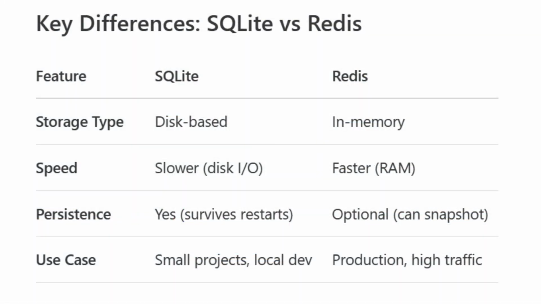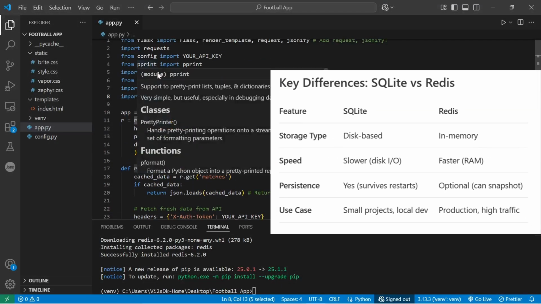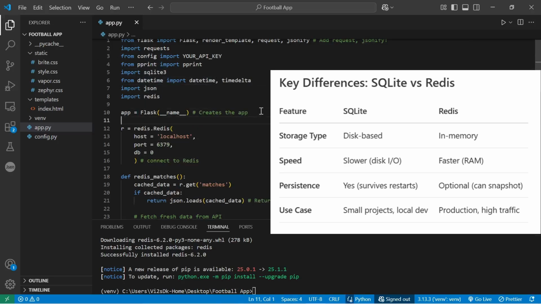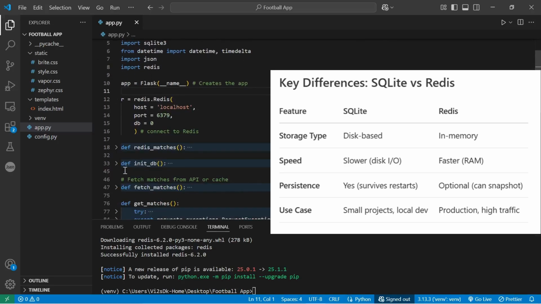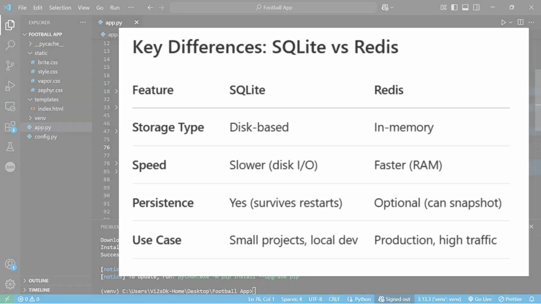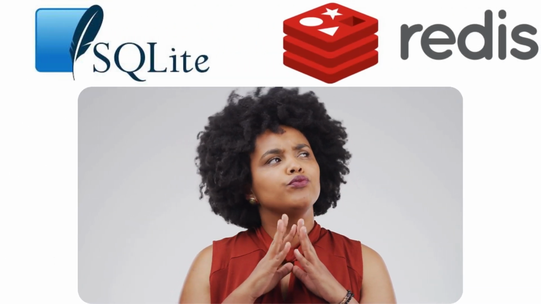But it's also a bit slow due to the disk input-output. Redis, on the other hand, is in memory, which makes it incredibly fast. But by default, it's not persistent unless you configure snapshots. Going back to SQLite, it's great for small projects and local development. But Redis is going to shine in production environments with high traffic.